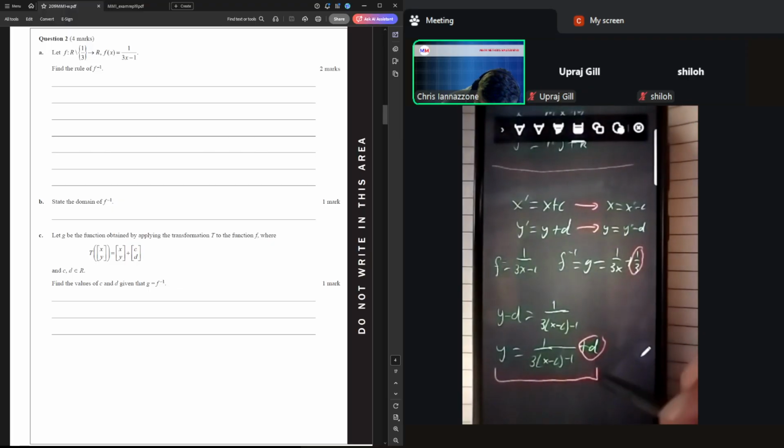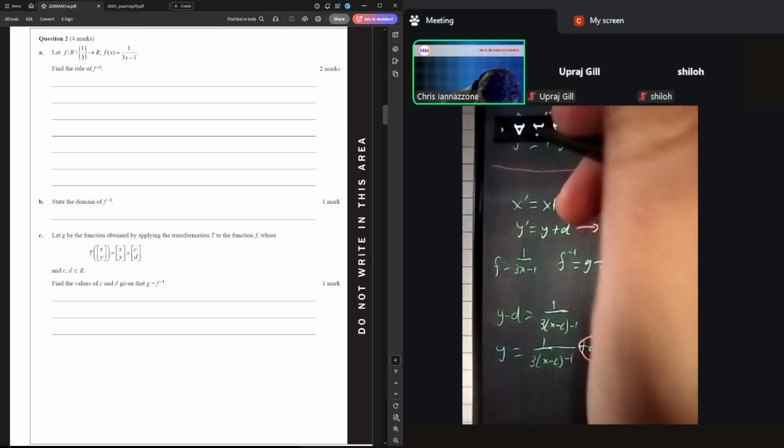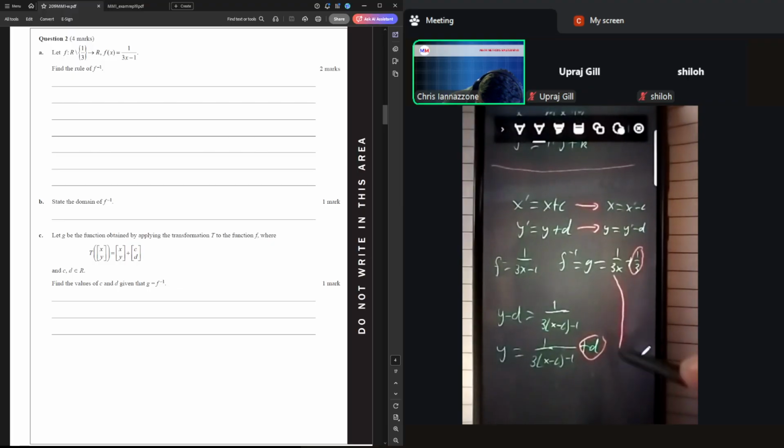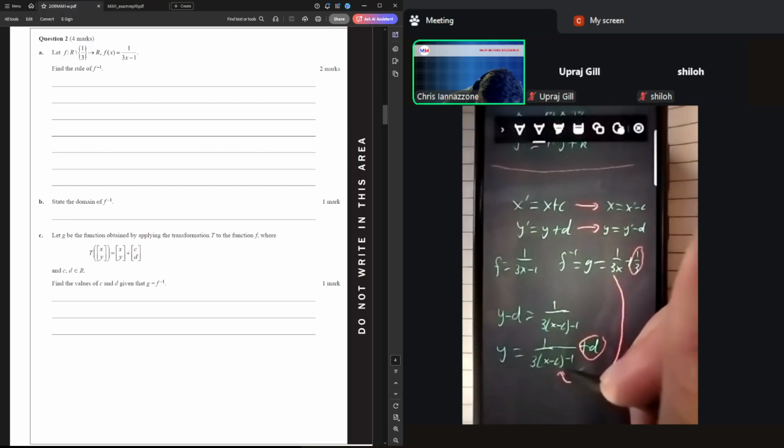This one is slightly trickier, but not too bad. 3x has to be the same as this.